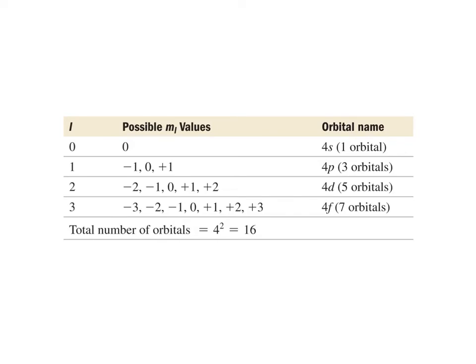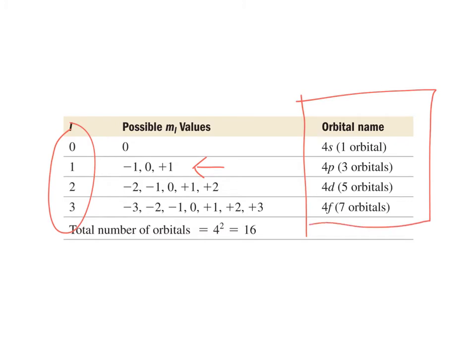So the m sub l values are defined by L, and these are defined as s, p, d, and f orbitals, 0, 1, 2, and 3. And so these are the different orientations of the orbital, right? So the s orbital has only one orientation, the p 3, the d 5, and the f 7. So if you are asked in the fourth energy level, how many total orbitals are allowed?